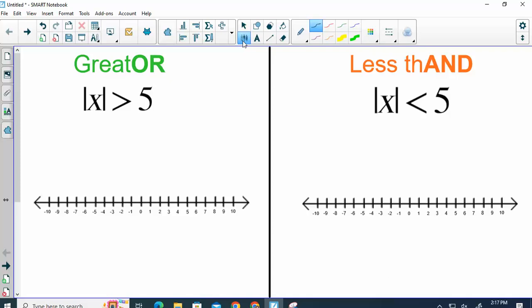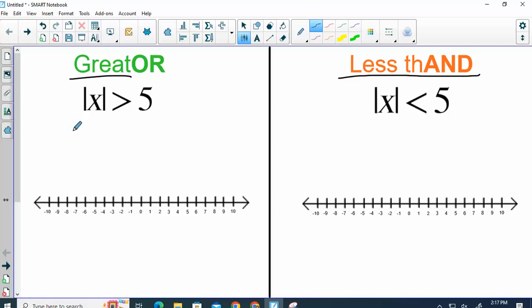Okay, they're not going to hit each other. And then there is the less than and. How does an and look when you graph it? Yep, they connect. It's in between two pieces. Okay, so if the original problem has those vertical bars, we are rewriting it. We can either have a great or less than.